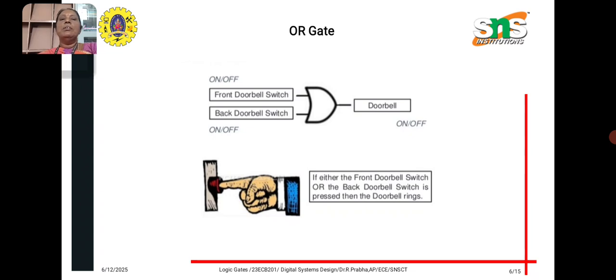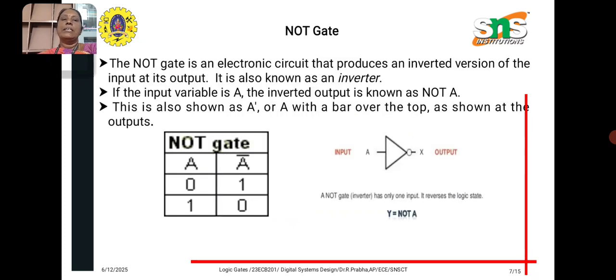Consider that both the front door bell switch and back door bell switch are connected. If any one of the switches is on, the doorbell is activated, or the doorbell rings. So this is the example of OR gate.